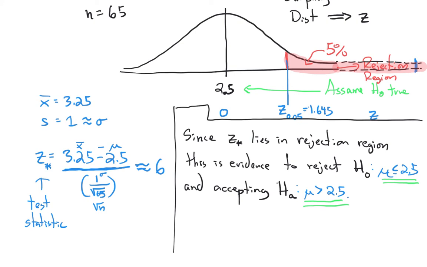So whenever we see either a greater than or a less than in our alternative hypothesis, we do what is a one-tail test where we put all of our error on that side. We'll talk about a two-tail test a little bit later, and then we'll have the error split up evenly on both sides, more like a confidence interval.